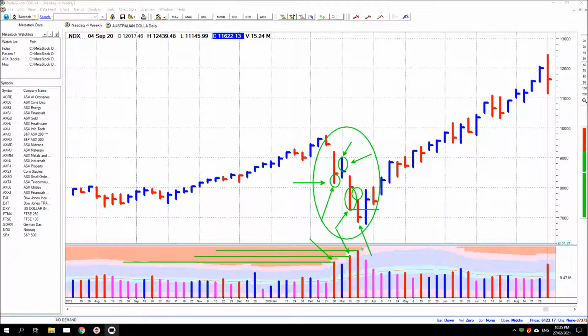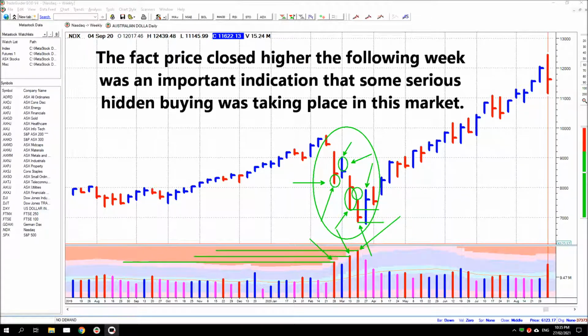But that high volume should have been some sort of alarm bell. It was climactic type volume, really, really high volume. And although you may not have known at the time, price actually closed higher the following week. It did trade slightly below the previous bar's low and then accelerated higher in a buy the offer sort of fashion.